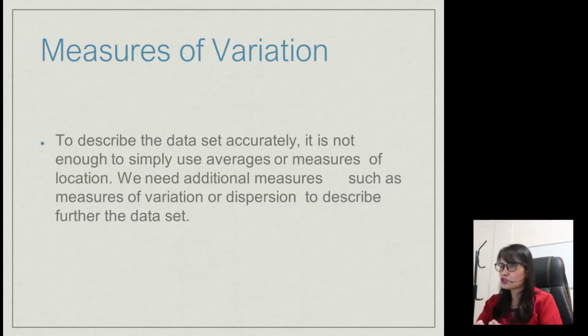So let's proceed now. Measures of variation. To describe the data set accurately, it is not enough to simply use averages or measures of location. We need additional measures, such as the measures of variation or dispersion, to describe further the data set. In short, when we say measures of variation or dispersion, you are referring to the spread of the data.